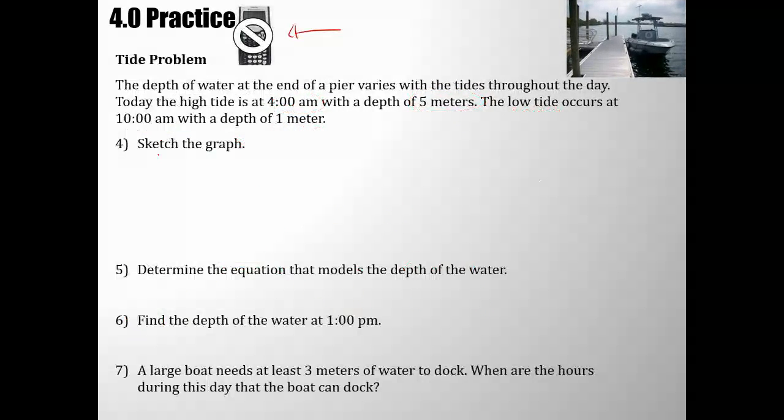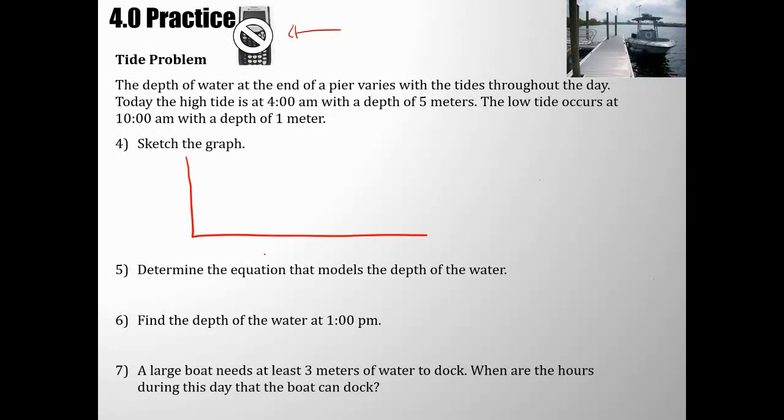So if we use this, we're going to go ahead and actually sketch a graph of it. So I'm dealing with hours after midnight. This is going to be the depth of the water in meters. And I'm going from 1 to 5, so 1, 2, 3, 4, 5.